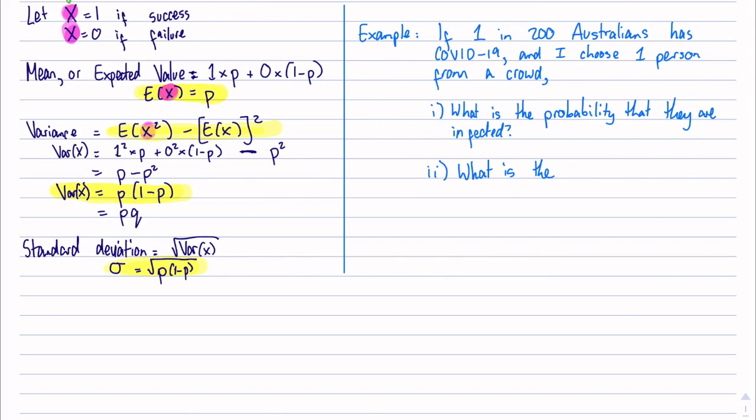The expected value of infectedness. Number 3, what is the variance? And number 4, what is the standard deviation?